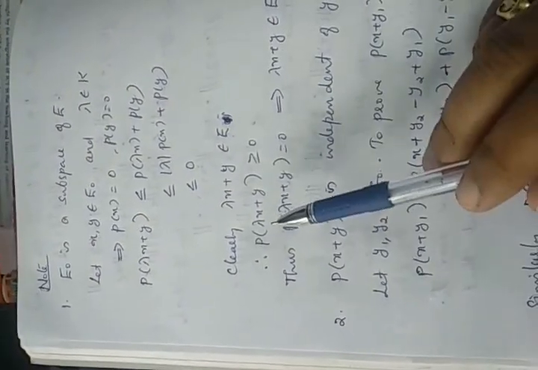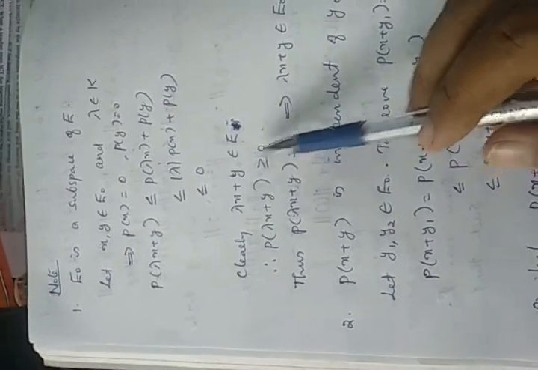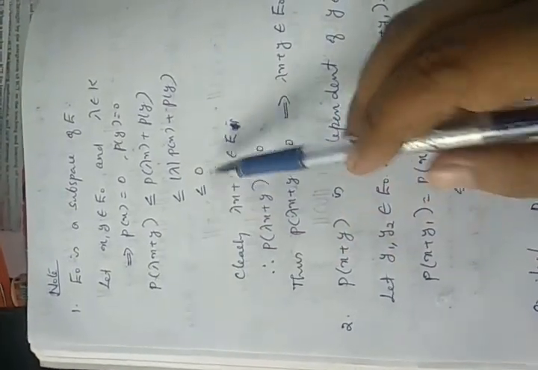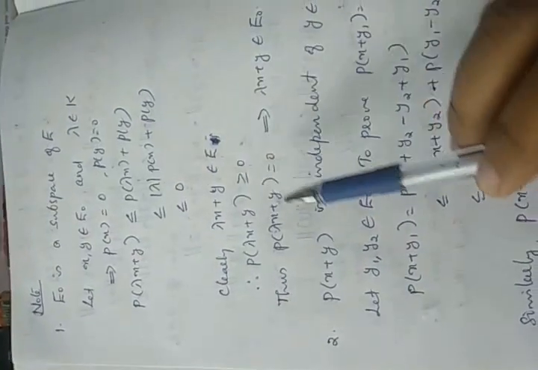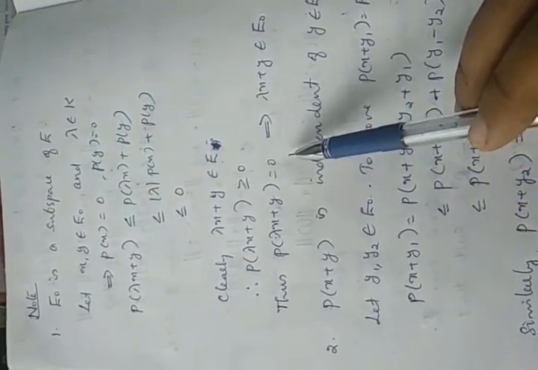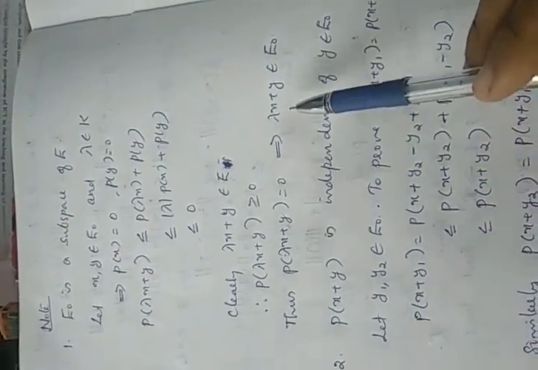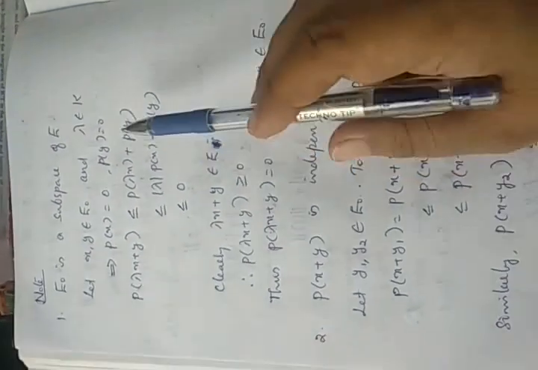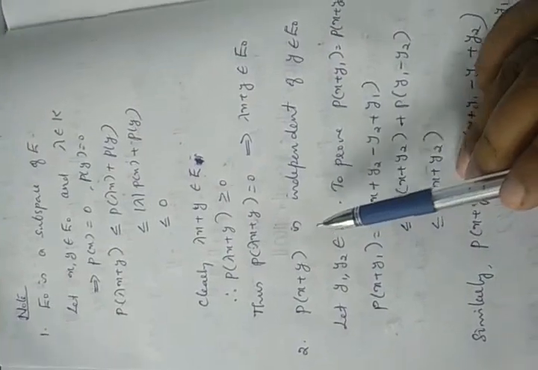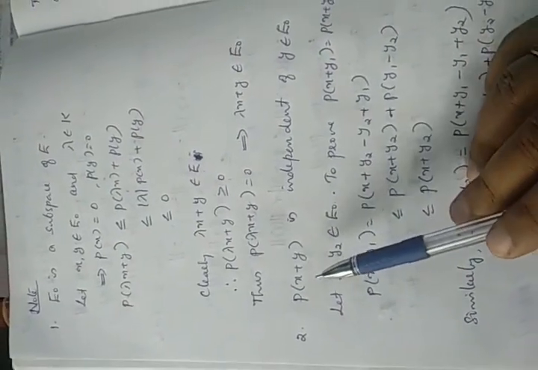So, we have P of lambda x plus y is less than or equal to 0 and greater than or equal to 0. So, comparing we get P of lambda x plus y is equal to 0. That means by definition lambda x plus y belongs to E naught. So, we proved that E naught is a subspace of E. Now, there is one more property, that is P of x plus y.